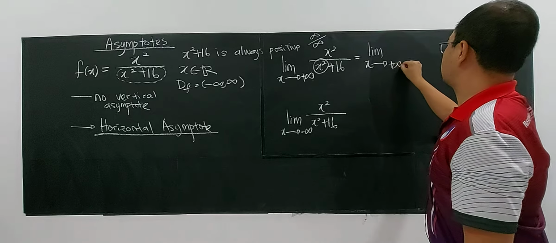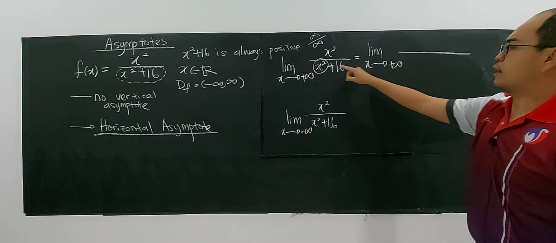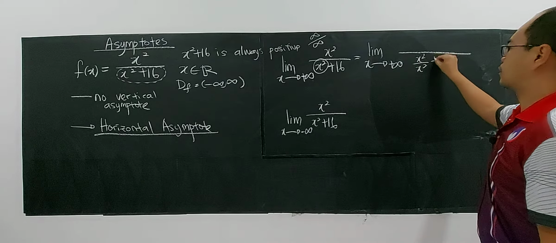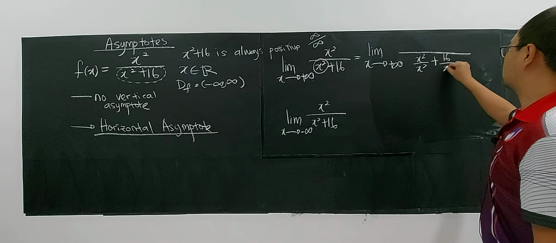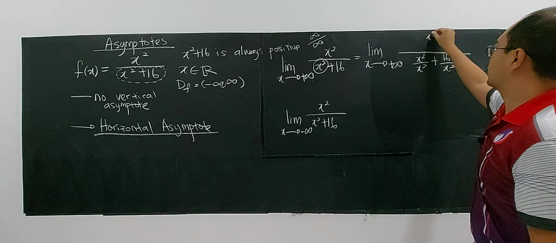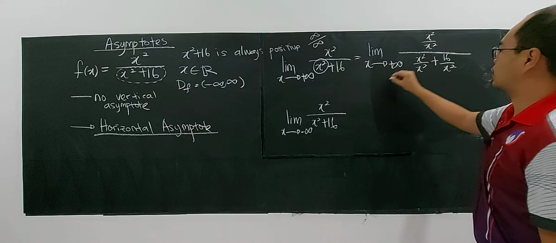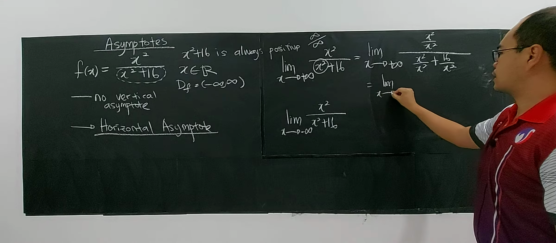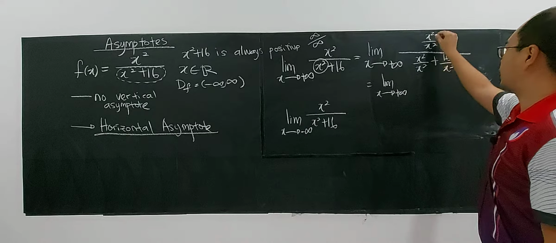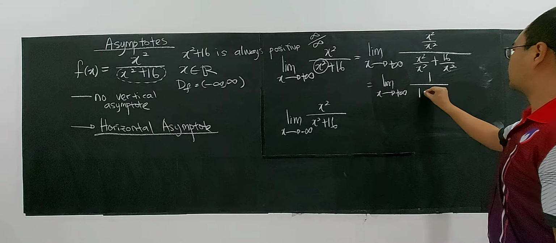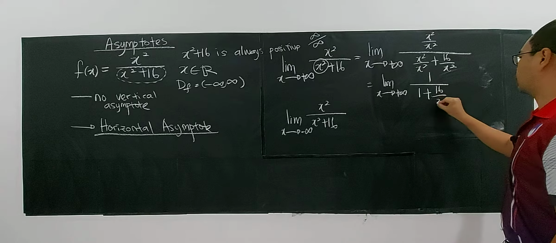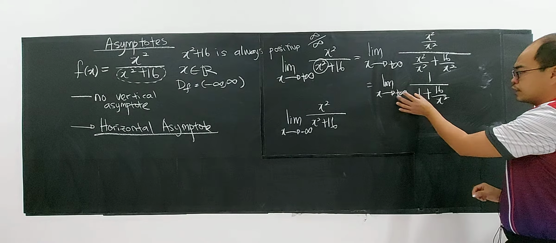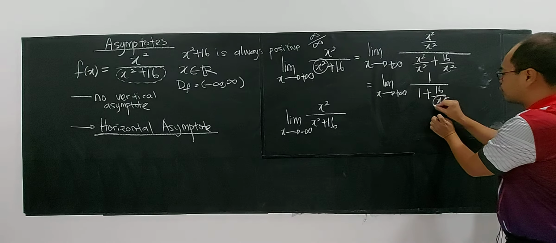So you divide by x squared, giving x squared over x squared over x squared plus 16 over x squared. Then you have the limit as x approaches positive infinity of 1 over 1 plus 16 over x to the power of 2.